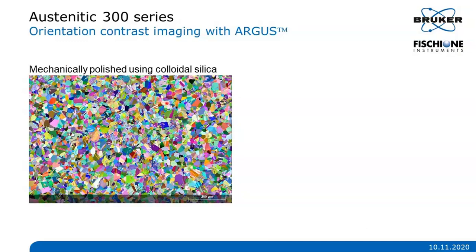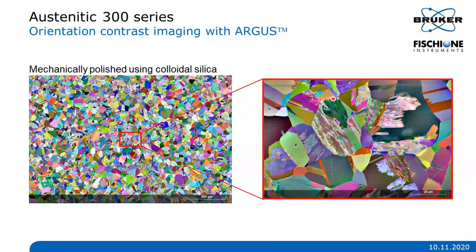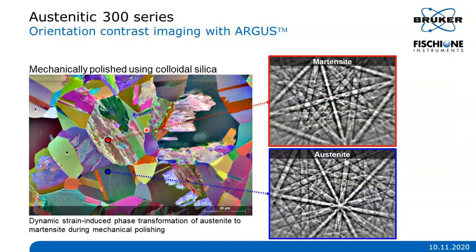If you look closer, zoom in, you will see that indeed some grains have a very fine microstructure, and the surrounding grains are different. If you measure those structures using EBSD, you will find that this fine structure is martensite and the surrounding structure is austenite.